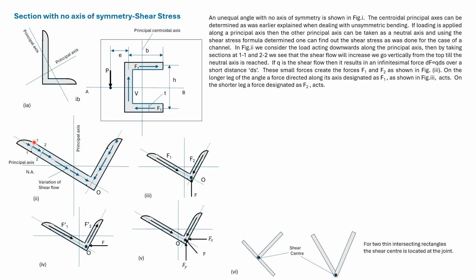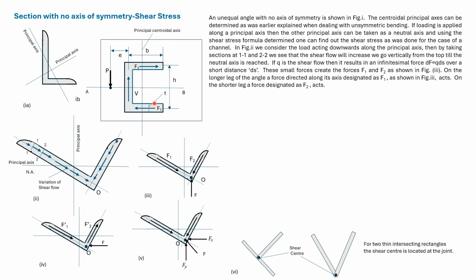If we consider a small length along the leg, then QBS would give dF, the force for that small length. All these small forces create a force F1 in the longer leg and F2 in the shorter leg.